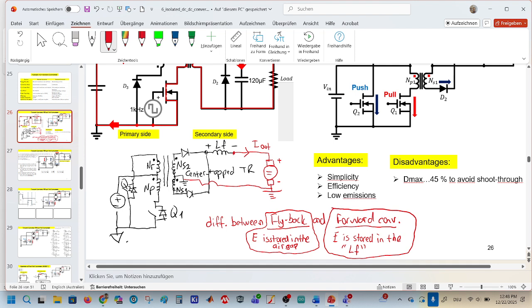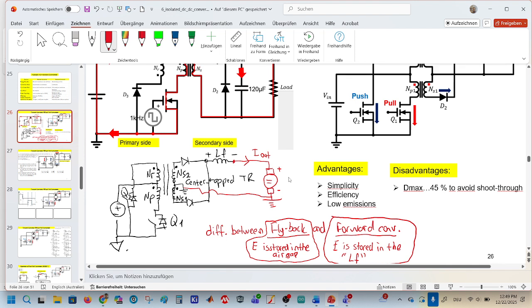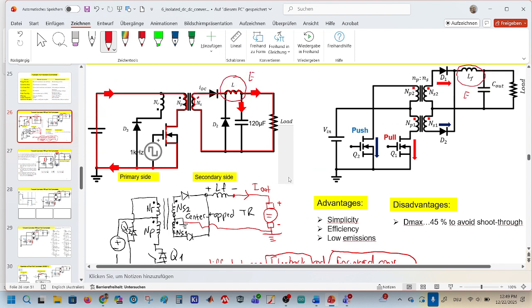Yeah, the derivation of the push-pull converter is based on the forward converter. And there is the second problem in the DC-DC converters which have transformers, because as you see, there is no RCD snubber in such kind of DC-DC converters, and it's the same as push-pull converters.